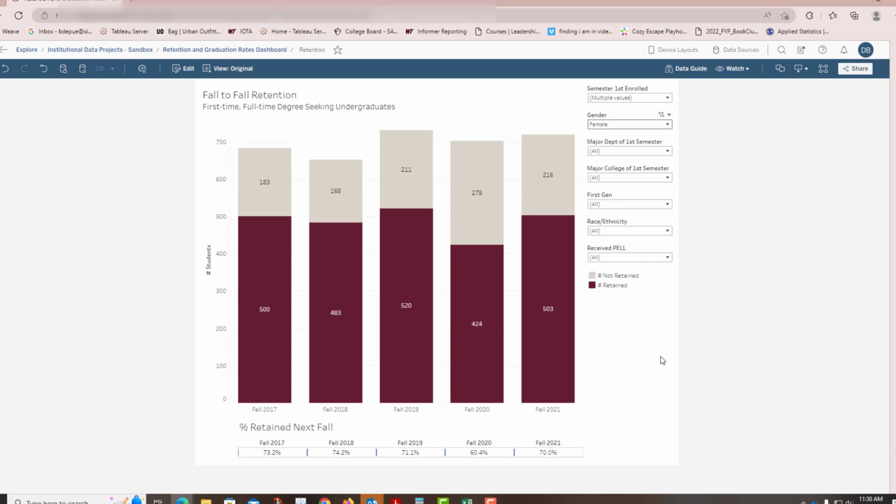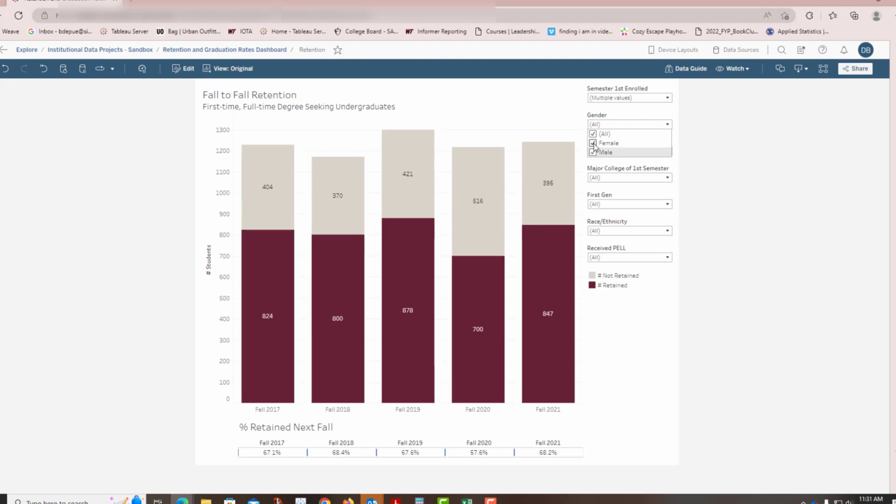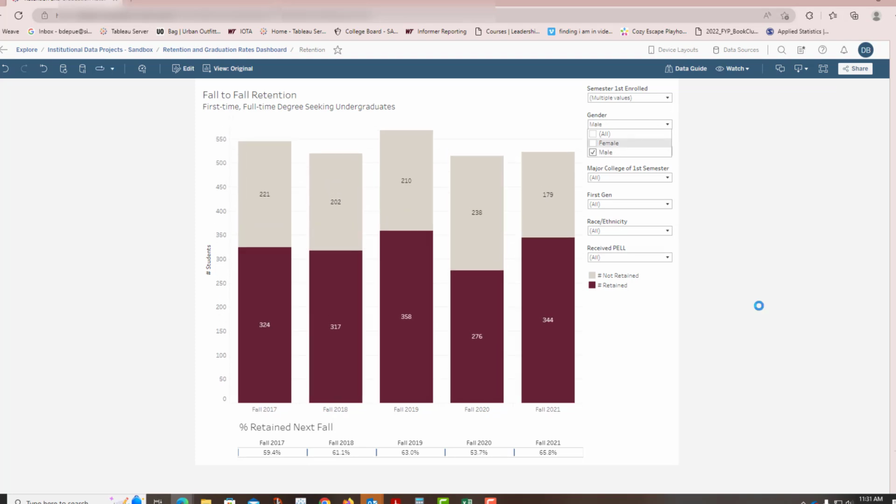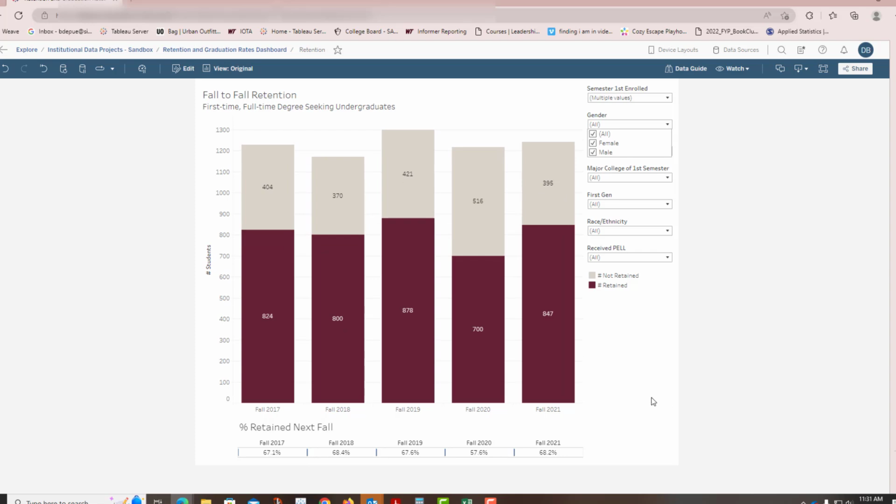The females retention rate, you can see we had that big dip here in 2020 for COVID, but if you look, the retention rate fall to fall for females tends to be better than males. All right, I'm going to go back and change that to all, so we're looking at everybody. That's the retention rates for everyone.